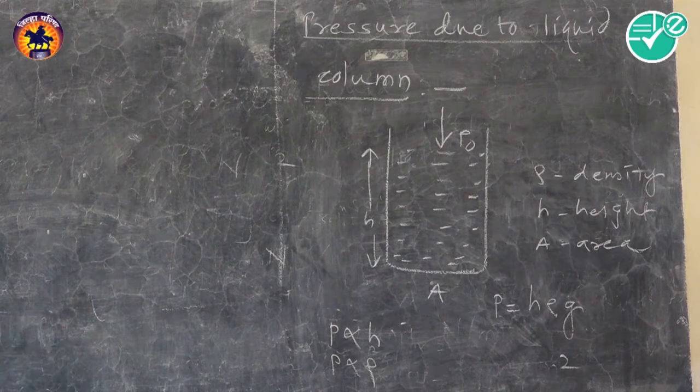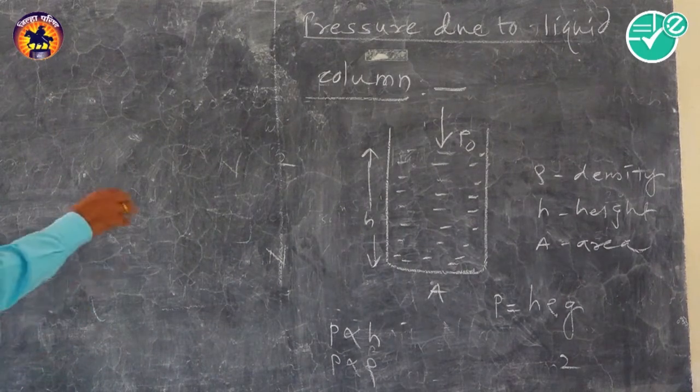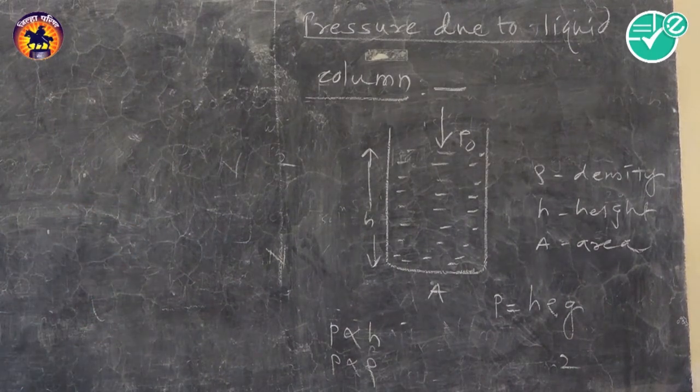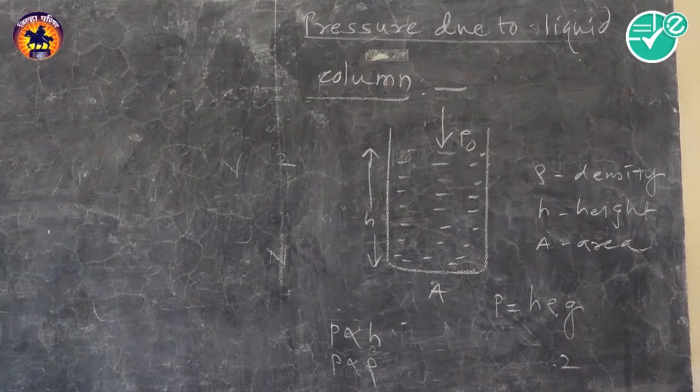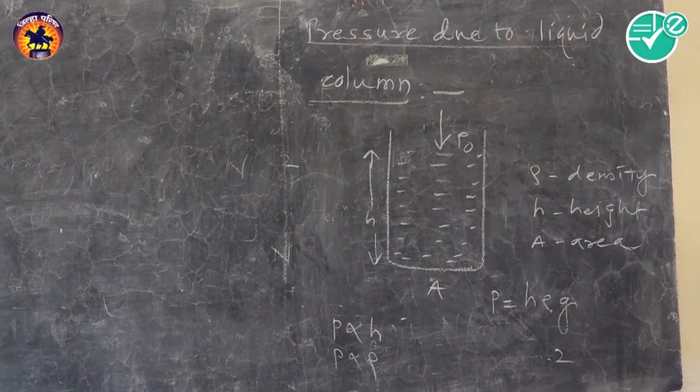So at the bottom the pressure is larger than at the top position. Again we can write the equation for pressure. We know that P naught is the atmospheric pressure there.